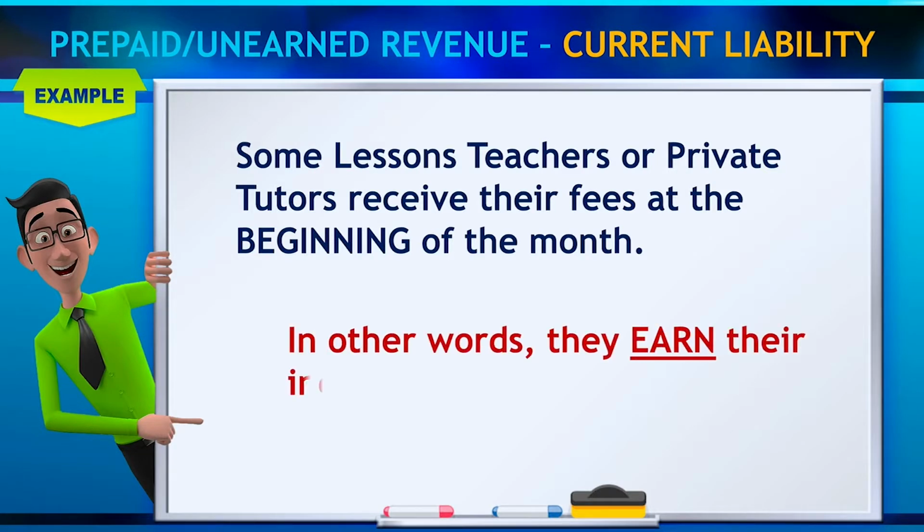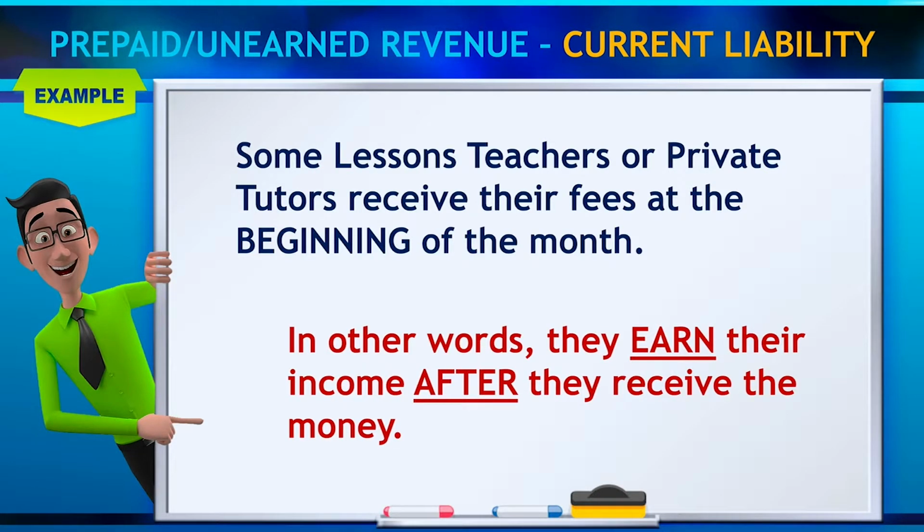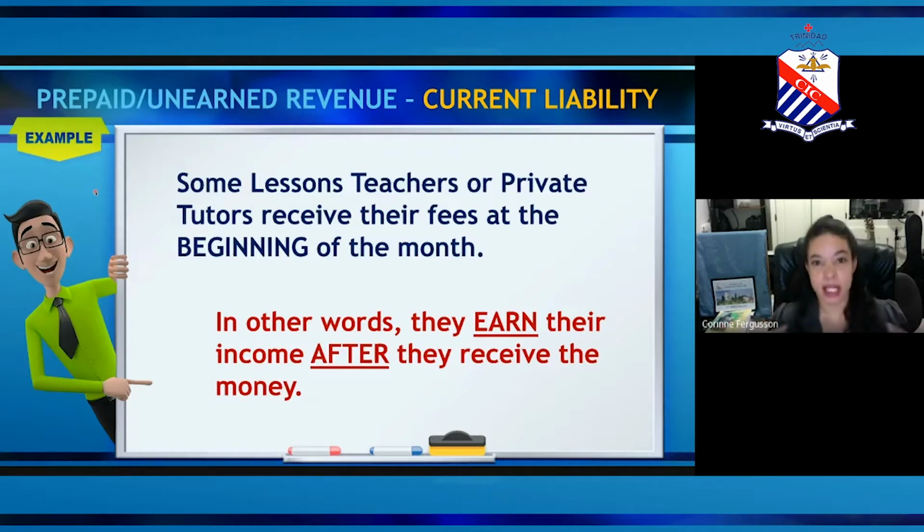So they earn their money after, because say you were to pay me now, this was lessons, $300. Have I earned anything yet? I've earned, like, what time is it? About 15 minutes' worth. That is not the whole month, but you paid me for the entire month. So lessons teachers that get paid at the beginning, they earn their income after they receive the money.